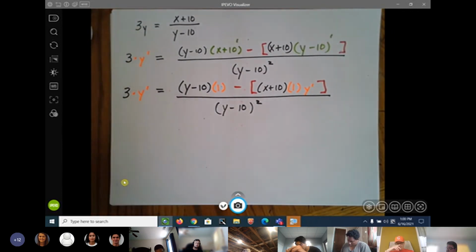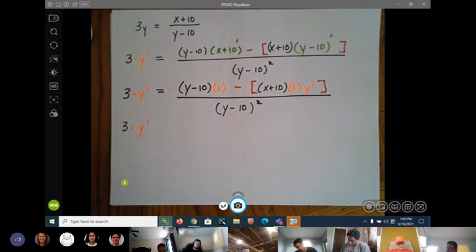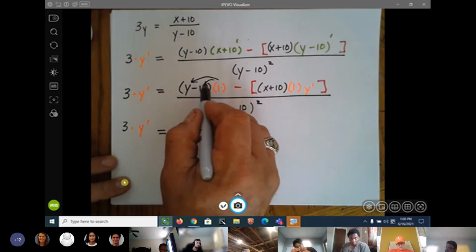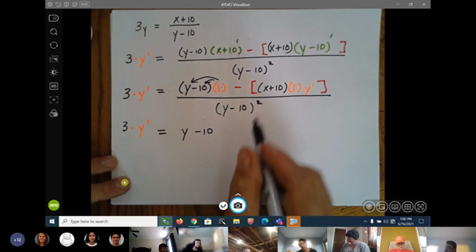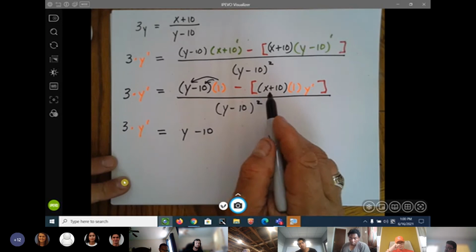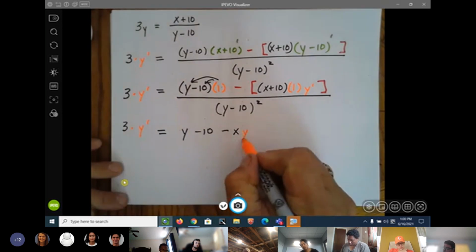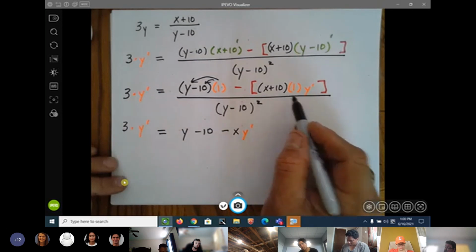So we got to 3 y prime is equal to that 1 distributed as y minus 10 minus x y prime minus x y prime minus 10 y prime.